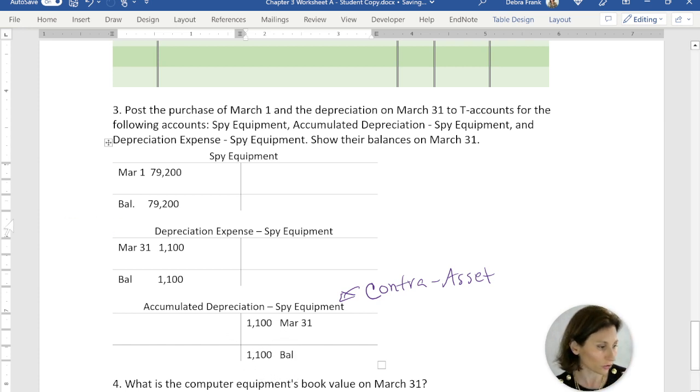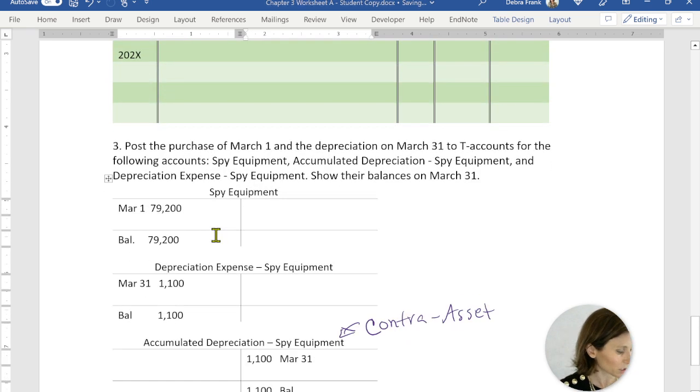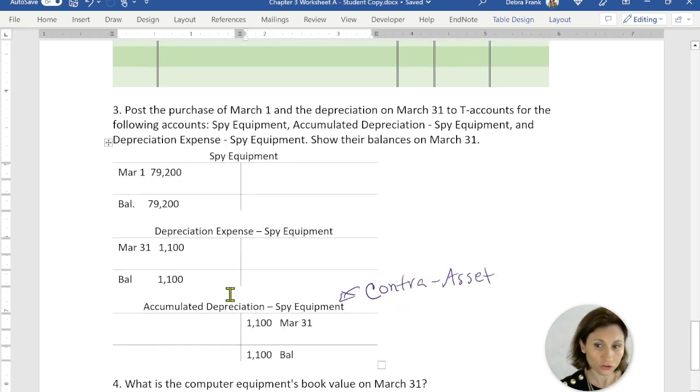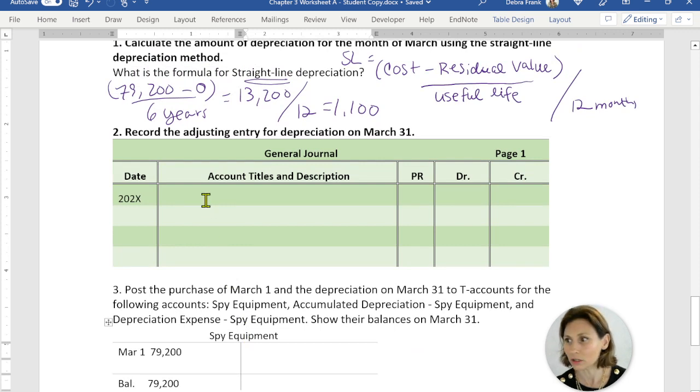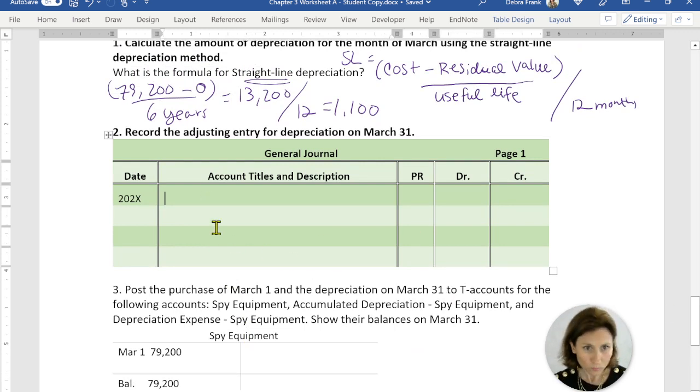All right, let's do our journal entry. I like to do my mapping, and you can see I now have my journal entry here: depreciation expense debit 1,100 and accumulated depreciation credit 1,100. That's easy for me to record.